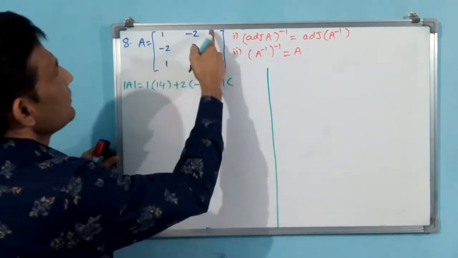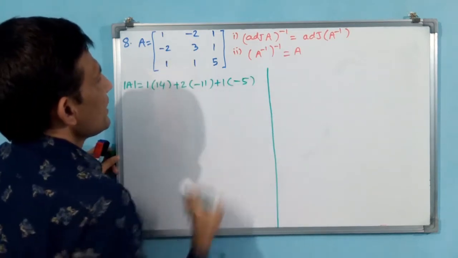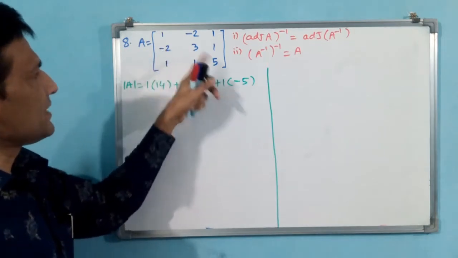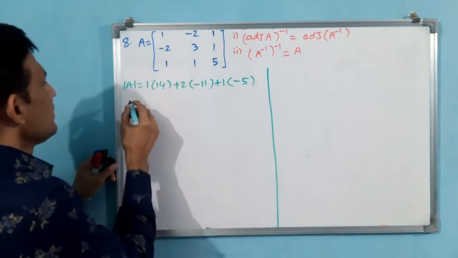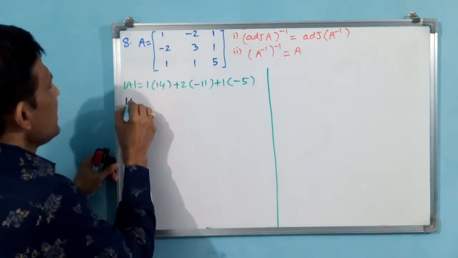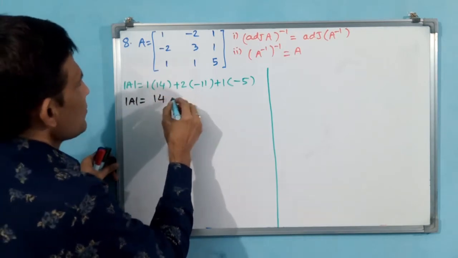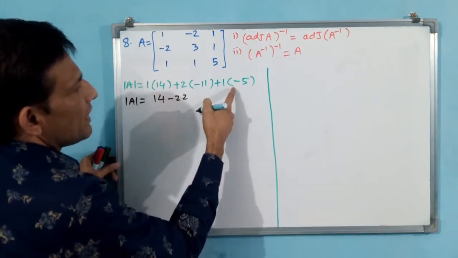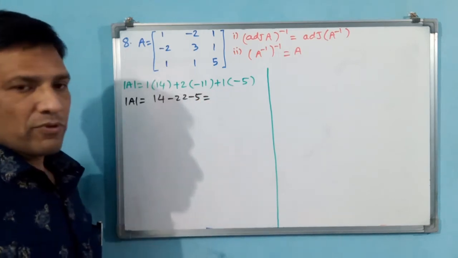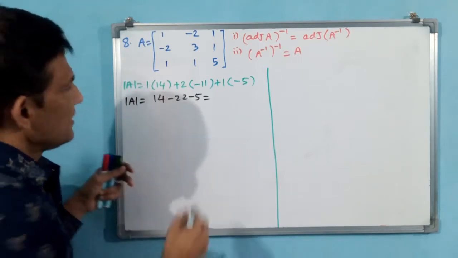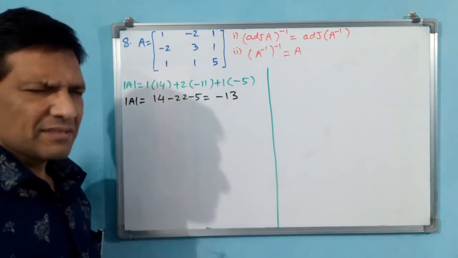Plus 1 into minus 2 minus 3, minus 5. Determinant A is equal to 14, minus 22, minus 5, that is minus 27 plus 14, minus 13. Yes, minus 13.